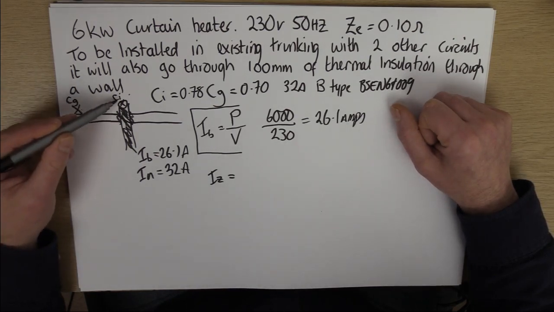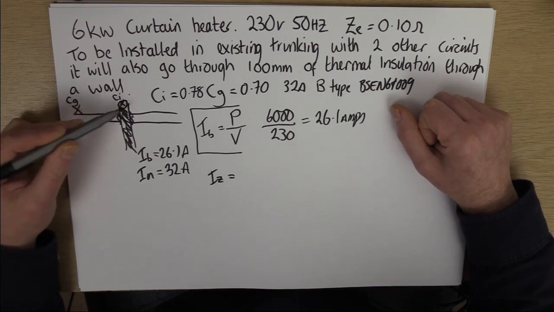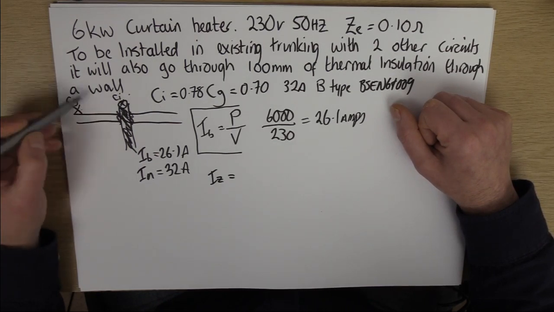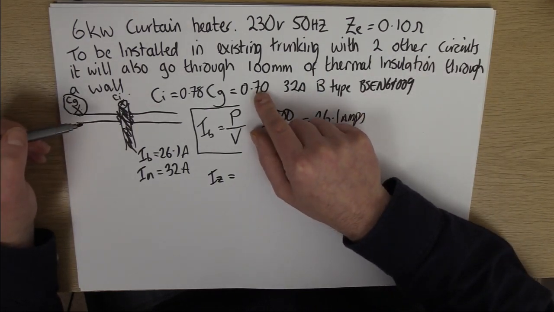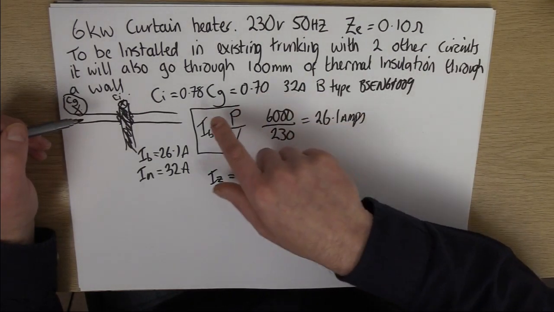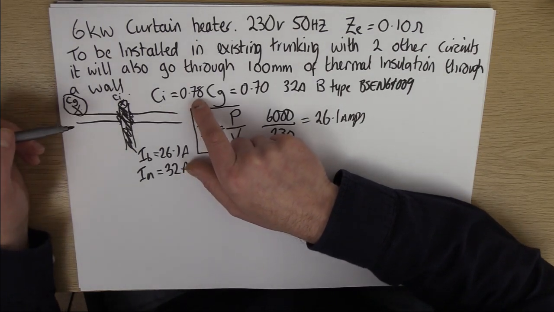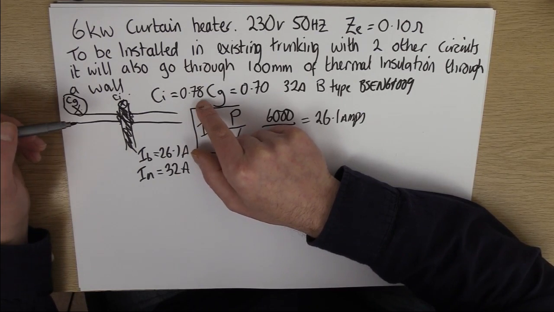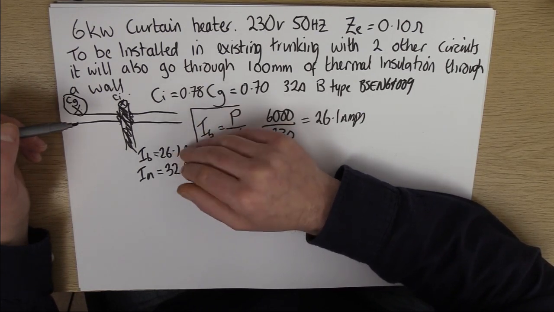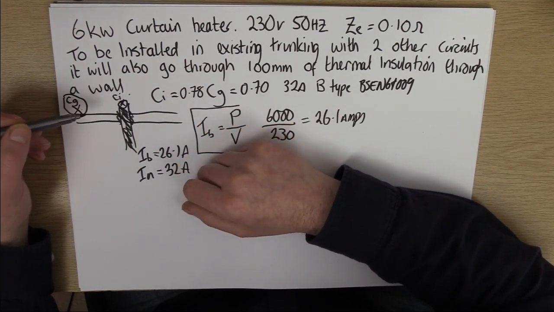Then essentially we would take whatever the worst one is. So in this case, that would be the grouping factor. 0.7 is going to increase our CSA more than 0.78. Essentially, under 1, the closer you get to 0.5, the closer you are to doubling the CSA.